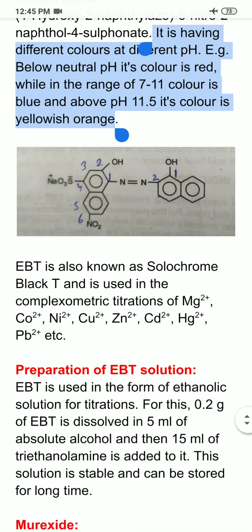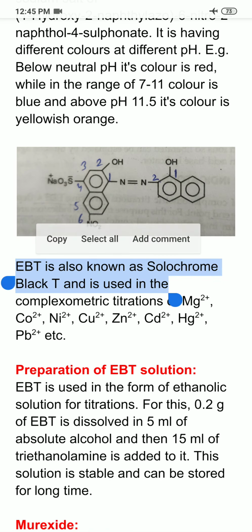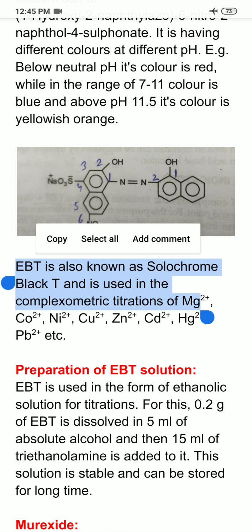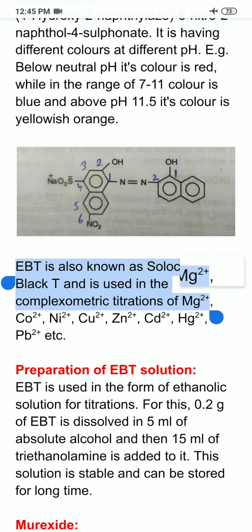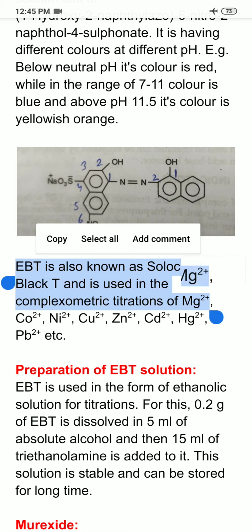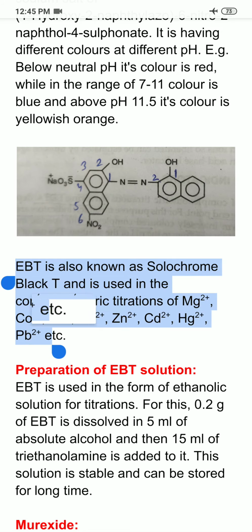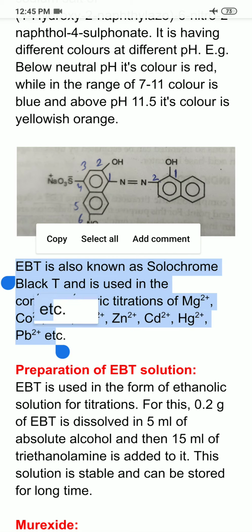Eriochrome Black T is also known as Solochrome Black T and is used in the complexometric titration of various metal ions, but most commonly it is used in the titration of magnesium ions, but can also be used in the titration of other ions like cobalt 2, nickel 2, copper 2, zinc 2, cadmium 2, mercury 2 or mercurous, lead 2, etc.